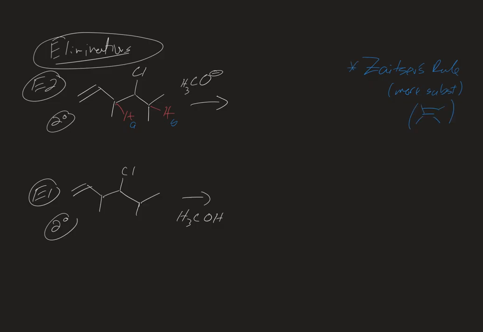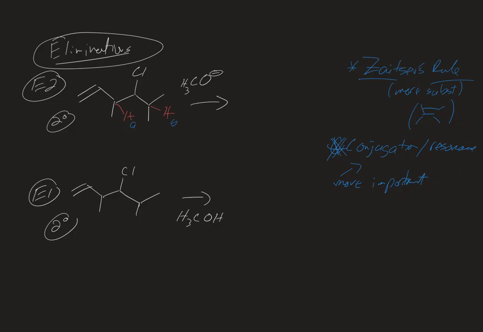And then we also talked about conjugation, resonance. And that's actually more important. You should have seen that quite a few times in your homework. Conjugation is more important than substitution. They're both important.